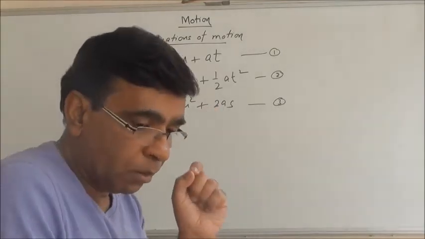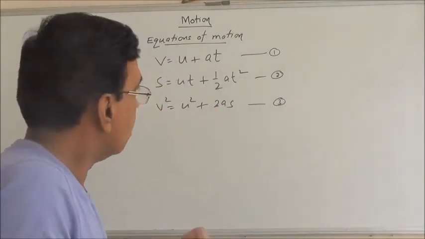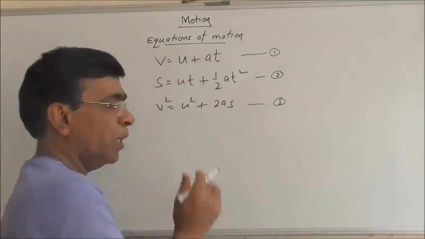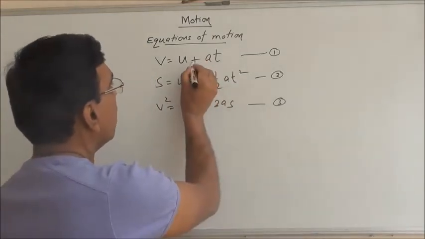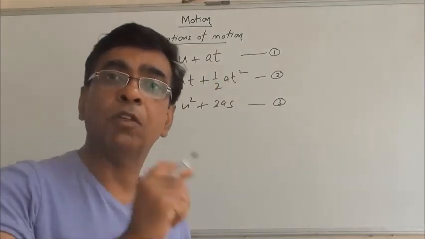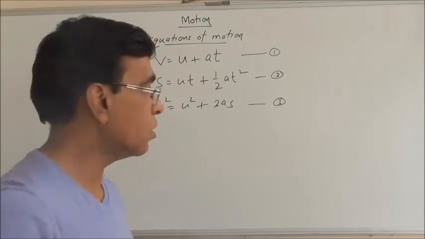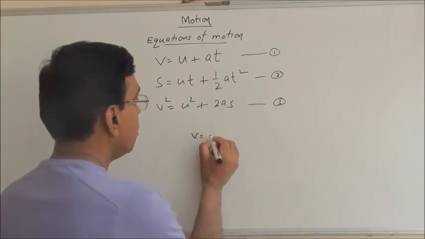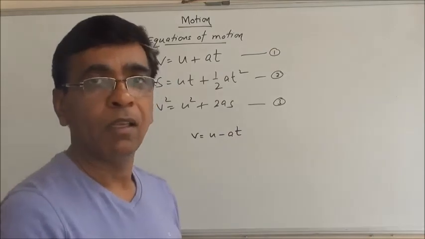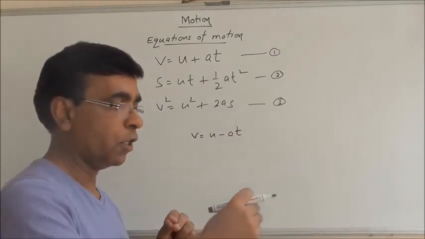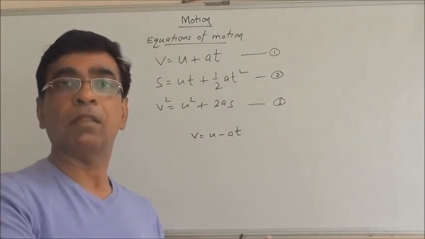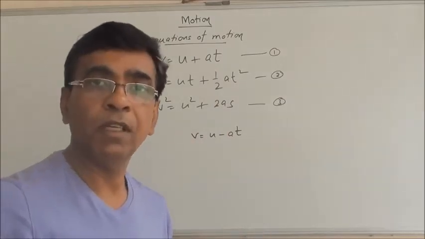Now imagine a situation. In these equations we may have a minus sign also, when the final velocity is less than the initial velocity. v is equal to u minus at is also possible. If the body is moving in one direction and its speed is decreasing, when you apply brakes, the speed does not increase, it decreases.